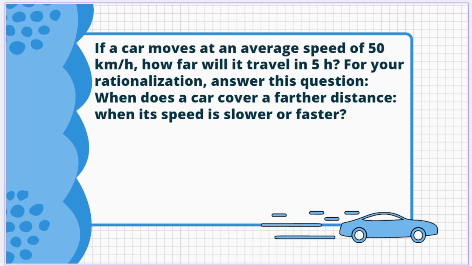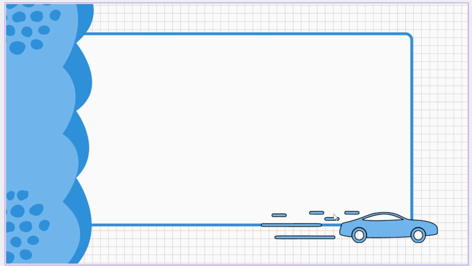If a car moves at an average speed of 50 kilometers per hour, how far will it travel in 5 hours? O dito, you are given speed and then you are asked for the distance traveled. So let's try to solve that. So anong given natin?